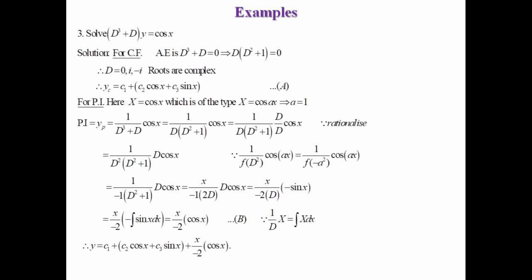So now here the linear differential equation is (d cube plus d) y equal to cos of x. For the complementary function, the auxiliary equation is d cube plus d. If we take the term d common, then we get this as d into (d square plus 1). If we try to solve this equation, then we get the roots of this equation as d equal to 0, i and minus i.